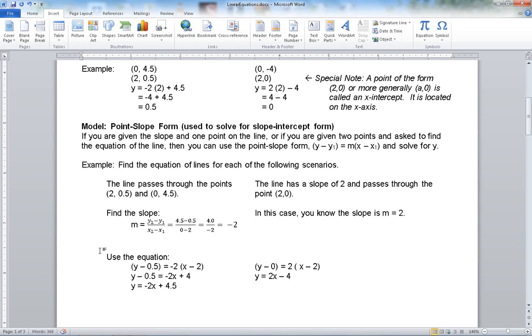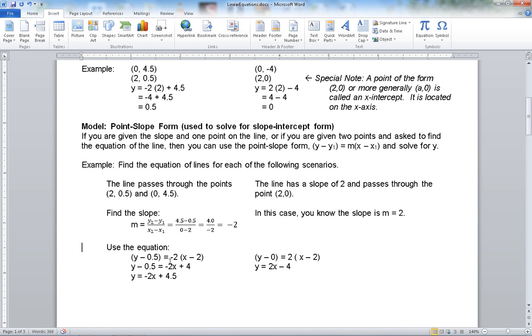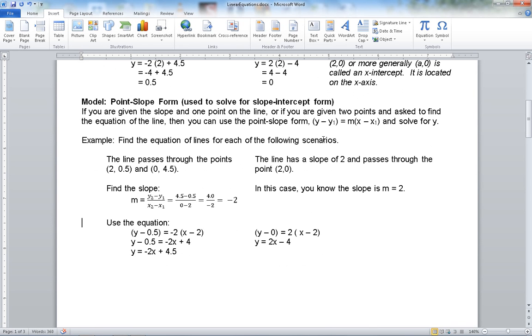Next, what we'll do is use the equation and plug the values in. So you take the variable y minus the y-coordinate from the first point, which would be 1/2 in this case, equals the slope, that was -2 from right here, times the variable x minus the x-coordinate of that same point, so that would be 2.